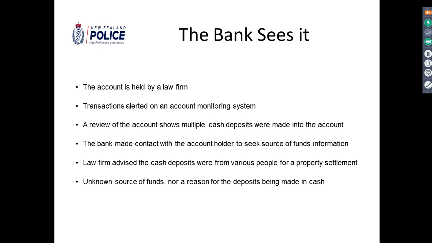This slide here refers to the one I've mentioned previously, where there was a deposit for the purchase of a property into a law firm's account by the client. There were then several large cash deposits from other people into that account for that same property settlement. Now, the law firm had no visibility over those third parties, so anybody could have been putting money into their account for the purchase of that property.